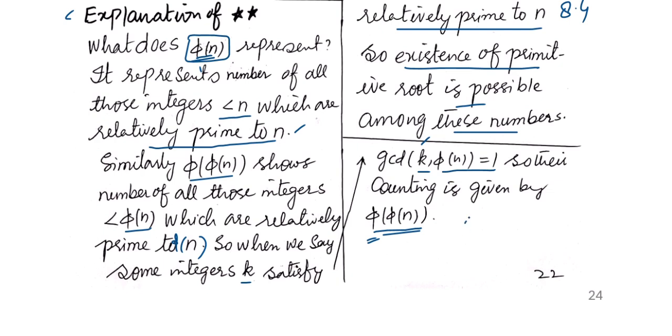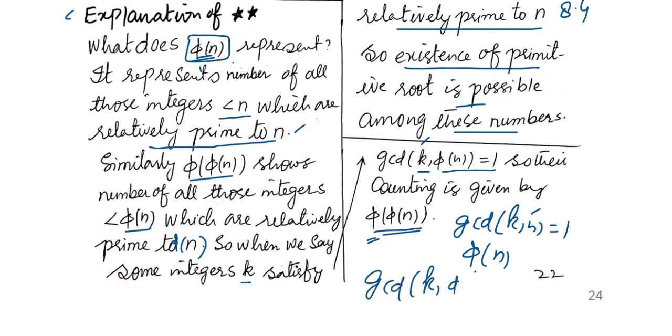So when you write GCD of k and n equal to 1, then the total numbers are given by phi of n. But when you write GCD of k and phi of n is equal to 1, then the total number of k is given by phi of phi of n. I hope this is a very simple concept.